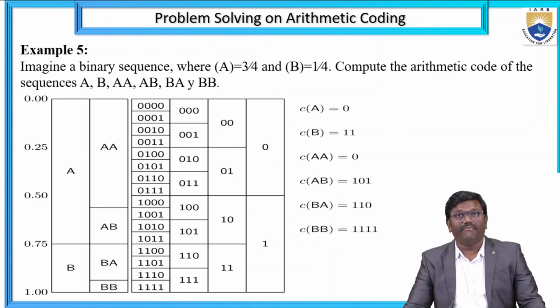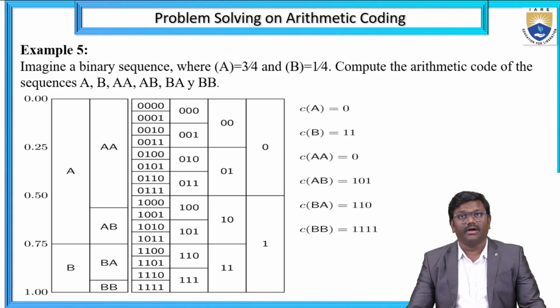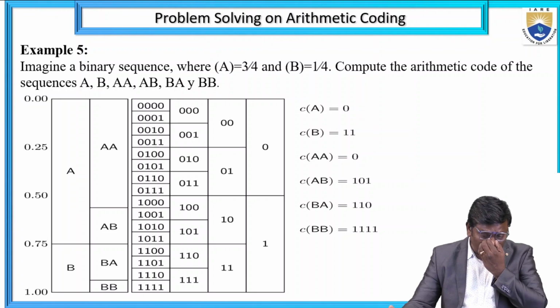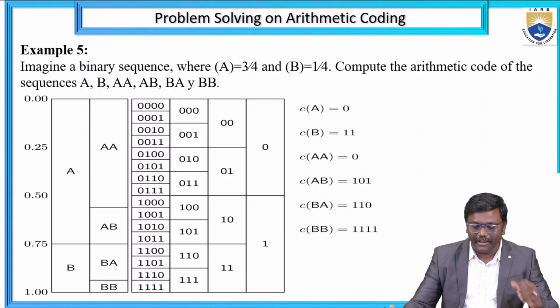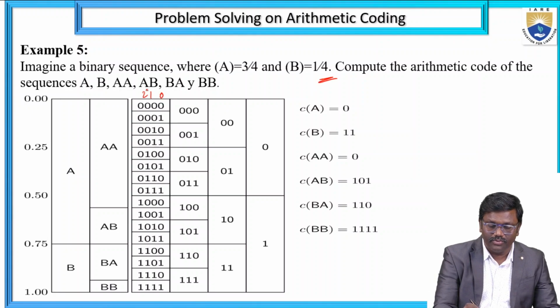So example number 5: imagine a binary sequence where A equals 3 by 4 and B equals 1 by 4. Compute the arithmetic code of the sequence ABA, AB, BA, BA and BB. So here we got the range of values which vary up to 4: 0, 1, 2, 4.